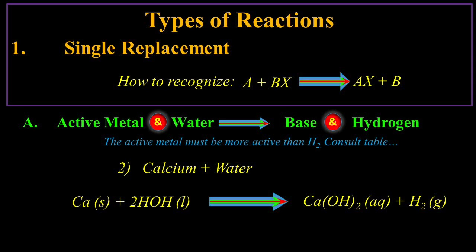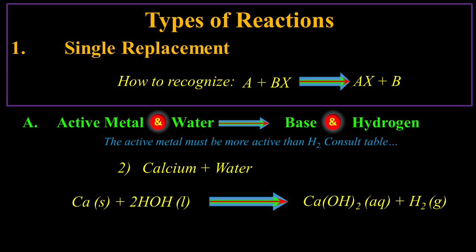So let's look at another type of reaction where I'm going to put an element with an acid. Now remember, there are many more elements that will replace hydrogen in an acid relative to hydrogen in water. Now, why is it more difficult? This is a question.